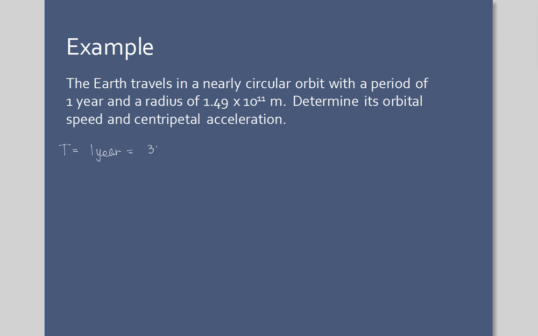So you have 365 and a quarter days, because of the leap year. Every 4 years you get an extra day. So each year is 365.25 days.